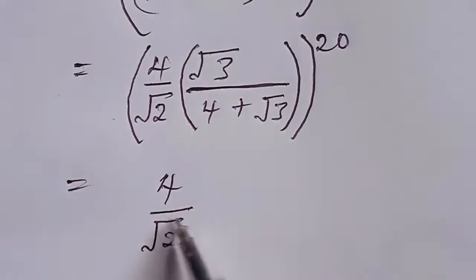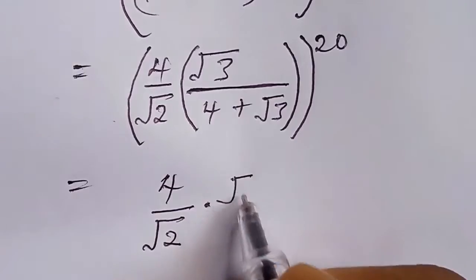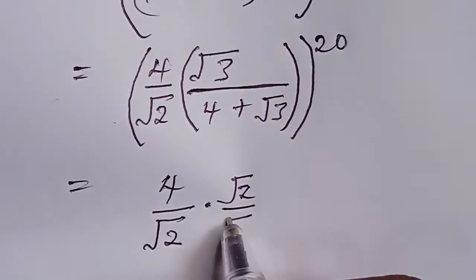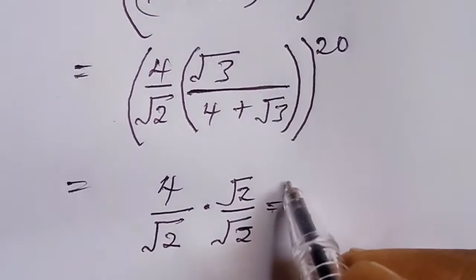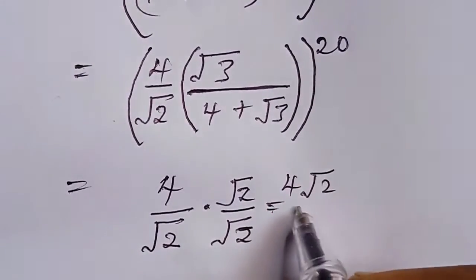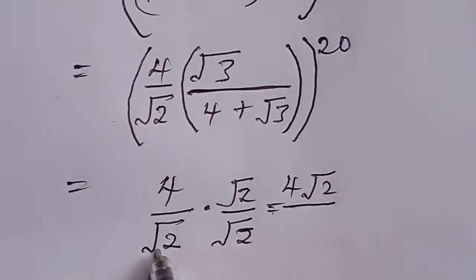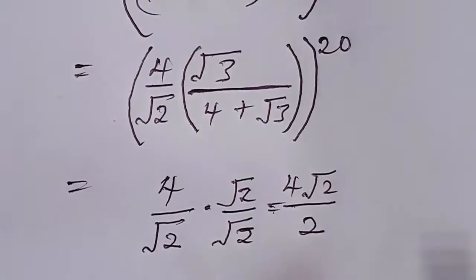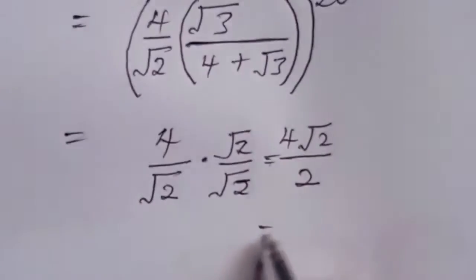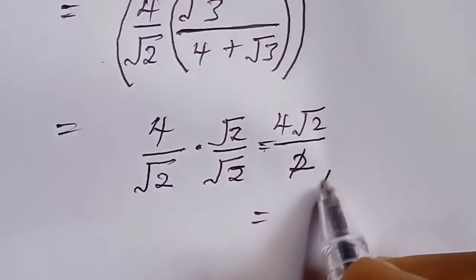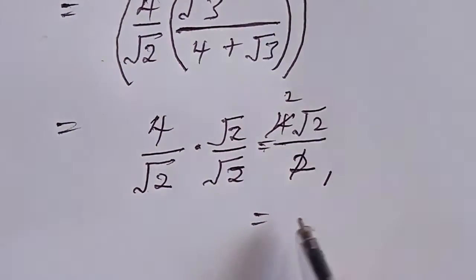So if we rationalize this, we multiply by square root of 2 divided by square root of 2, and this can be written as 4 square root of 2 over 2 multiplied by square root of 2, which will be equal to 2, and this is equal to 2. Here 1, 2 here 2.